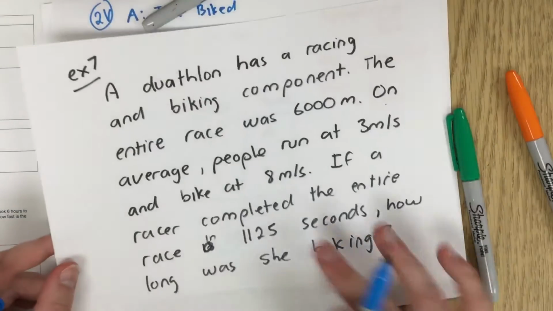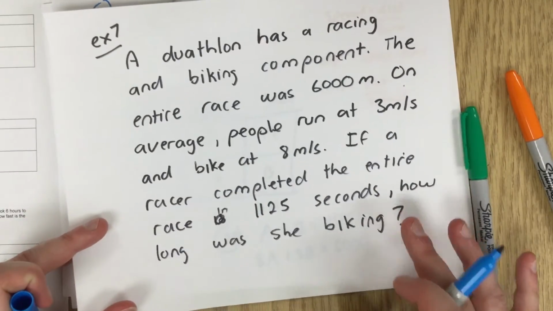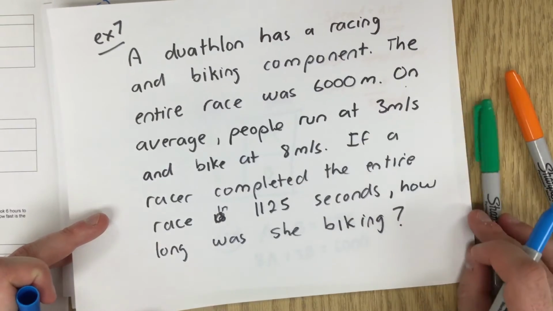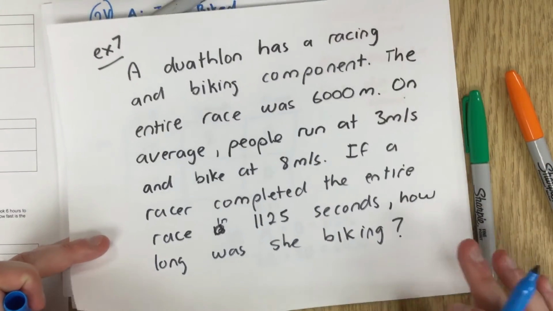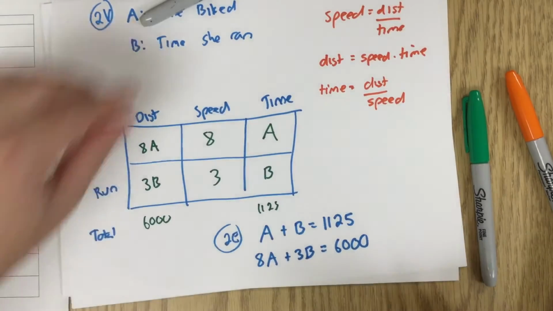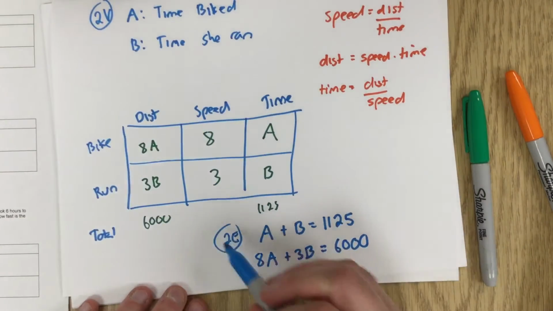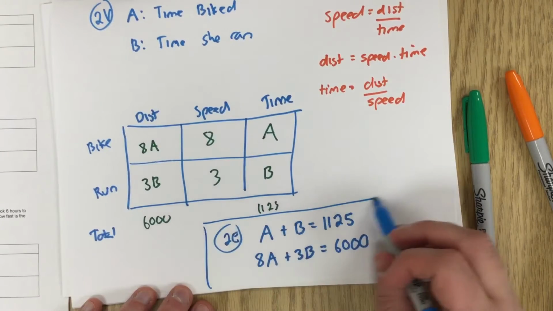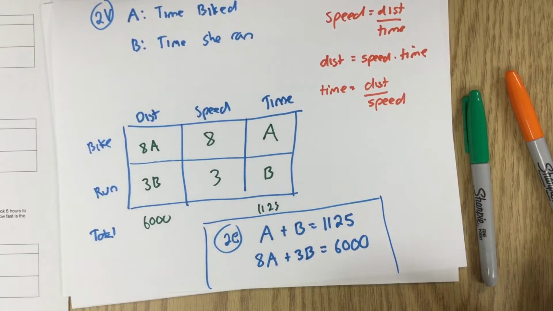Now, I'd like to point out, I was a little vague in this question, like how long was she biking? Is that how long distance or how long time? And we're going to see why. I'll try to be more specific, obviously when it comes out to a test, but I want to show it both ways. That would be our two equations, and that's what we could solve.